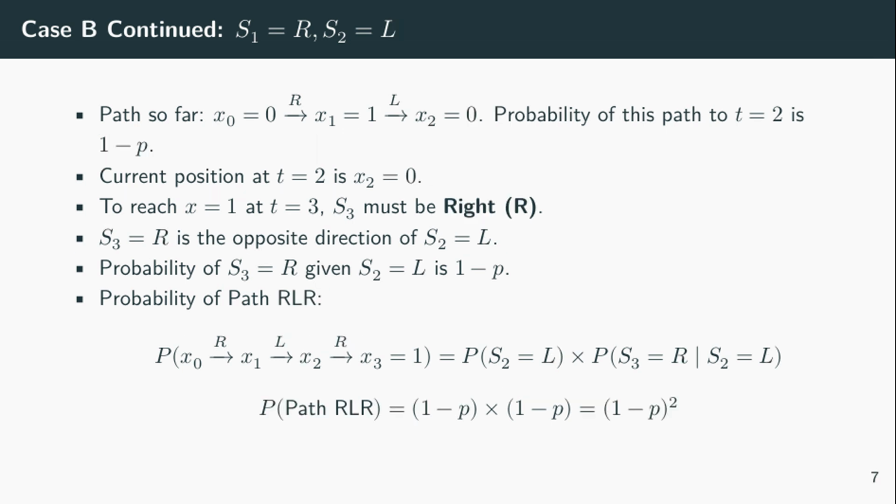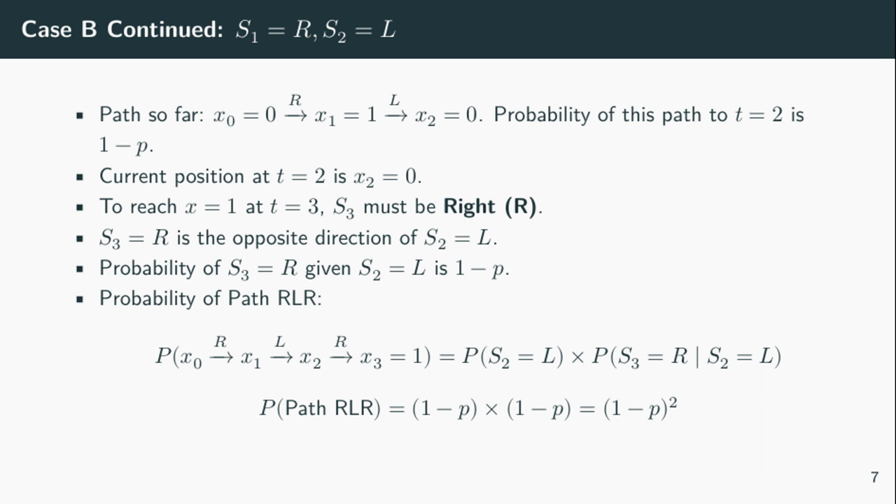Now let's look at case B, where the first step was right and the second step was left. The path so far took us from x sub 0 equals 0 right to x sub 1 equals 1, then left to x sub 2 equals 0. The probability of this path, right then left, up to time t equals 2 is 1 minus p. Our current position at t equals 2 is x sub 2 equals 0. To reach x equals 1 at t equals 3, the third step s sub 3 must be to the right.